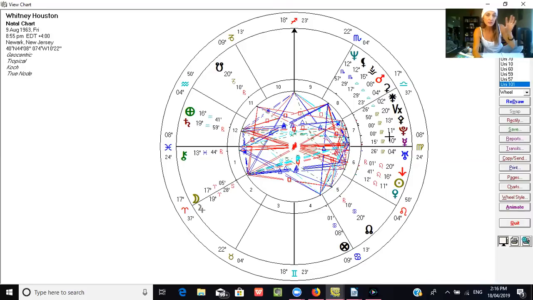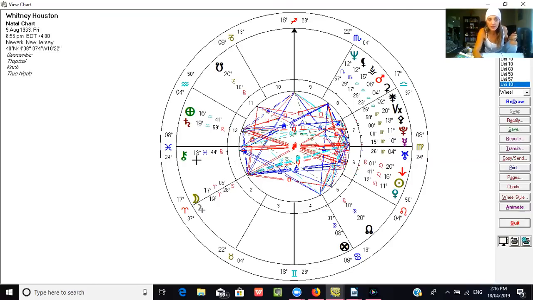The reason they're projected onto another is because that's the only way the person can initially experience those energies, through the other person. That's why the 7th house is so freaking powerful when you've got planets in there. So unfortunately, Whitney did not gain control over that Pluto because that Pluto controlled her life through Robin and through Bobby Brown, and it actually led to her death in the end.